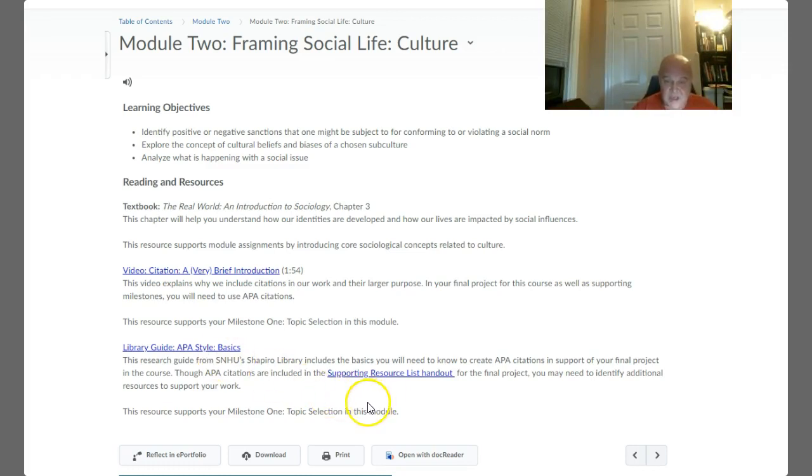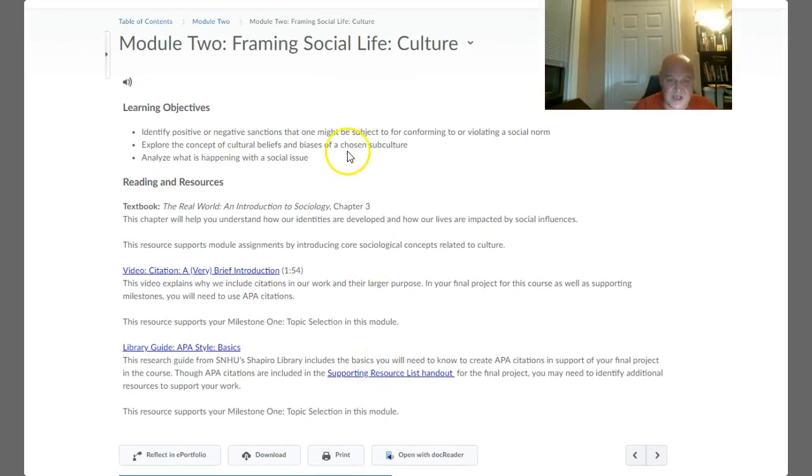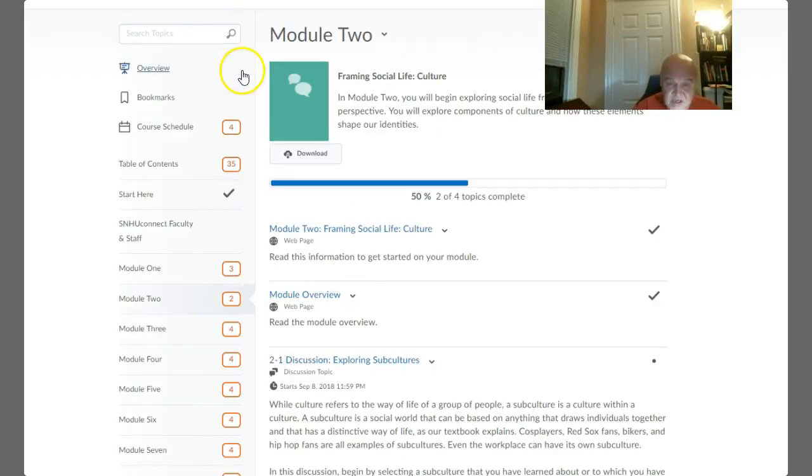And there's a supporting resource list. So let's look for a moment at some of the other elements of Module 2 that you're going to need to take into consideration as we move forward.